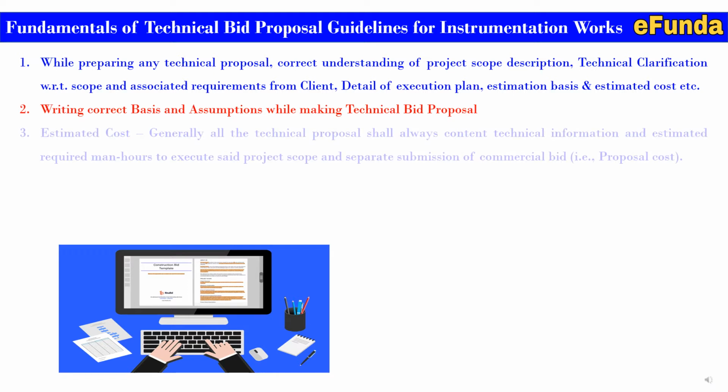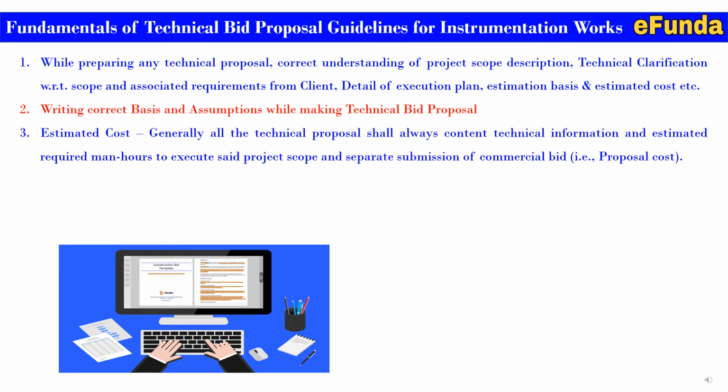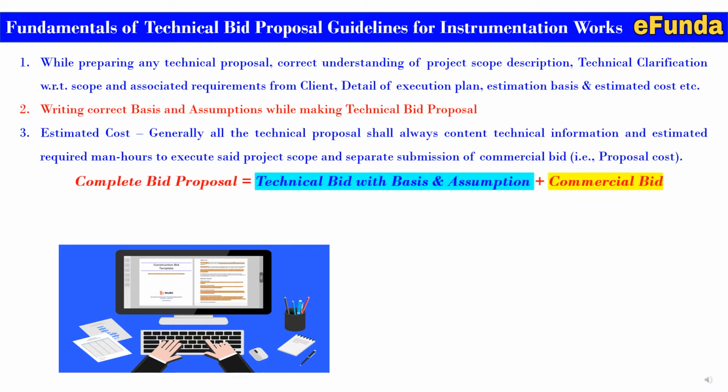Third, estimated cost. Generally, all technical proposals shall always contain technical information and estimated required manpower to execute said project scope and separate submission of a commercial bid, that is proposal cost. Simplified, complete bid proposal is equal to the technical bid with assumption and basis plus commercial bid. This is how the complete bid proposal is prepared and submitted.